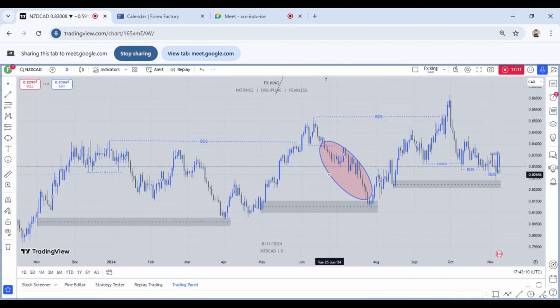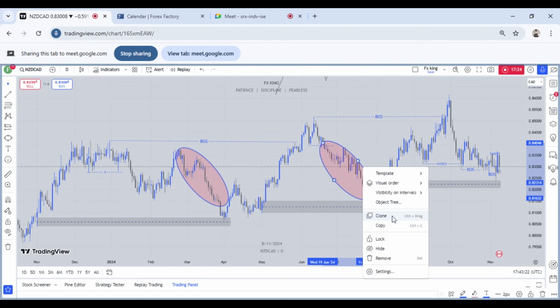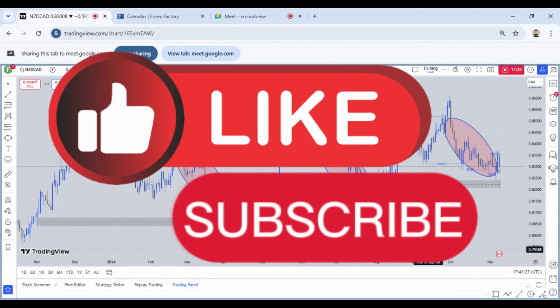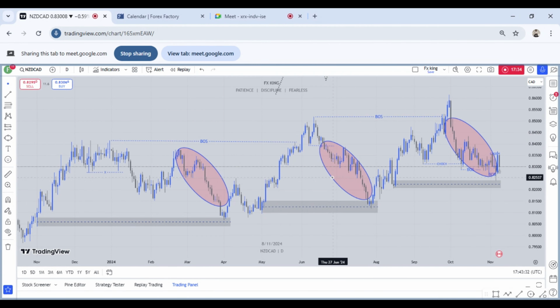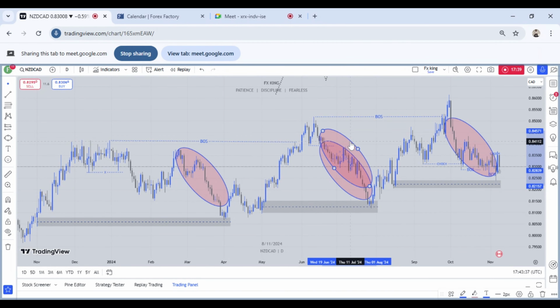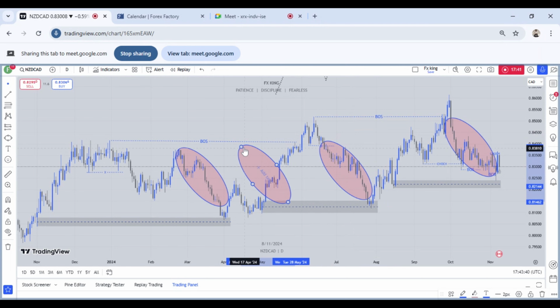I want to copy. Looking at this zone here and this zone here, with these zones here as well, right?